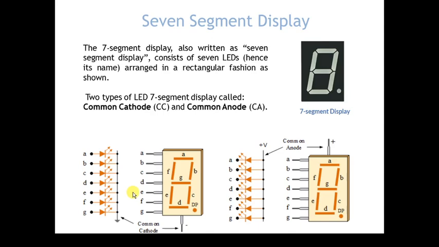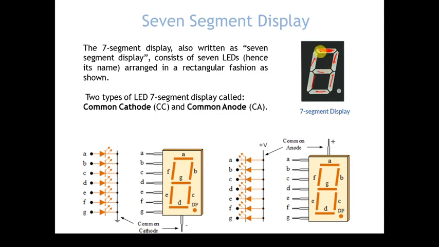The name itself says 7 segment display, which means it has 7 segment LEDs. Each segment represents one LED indication. If you can see here, this is one segment. To display this one segment, at the back end there is one LED, then here also one LED, another LED, and here also.